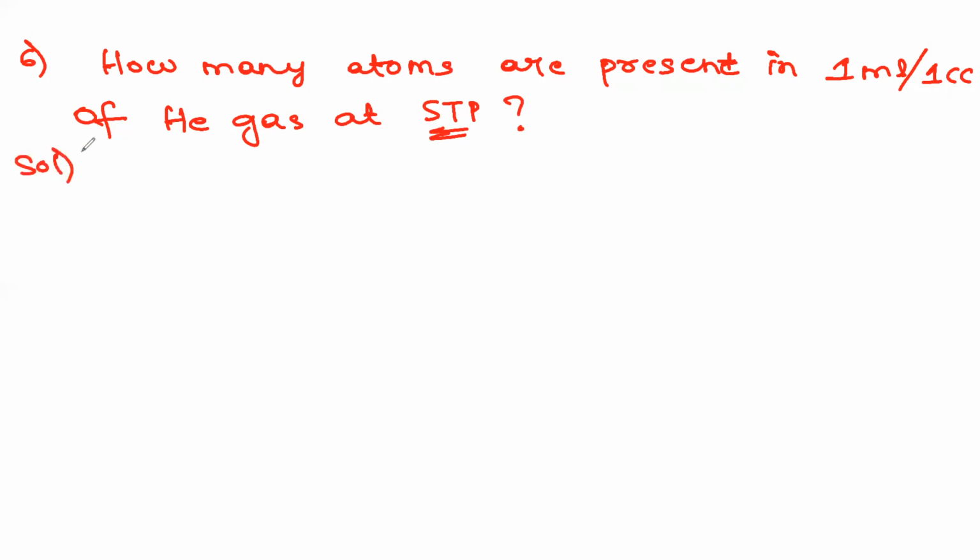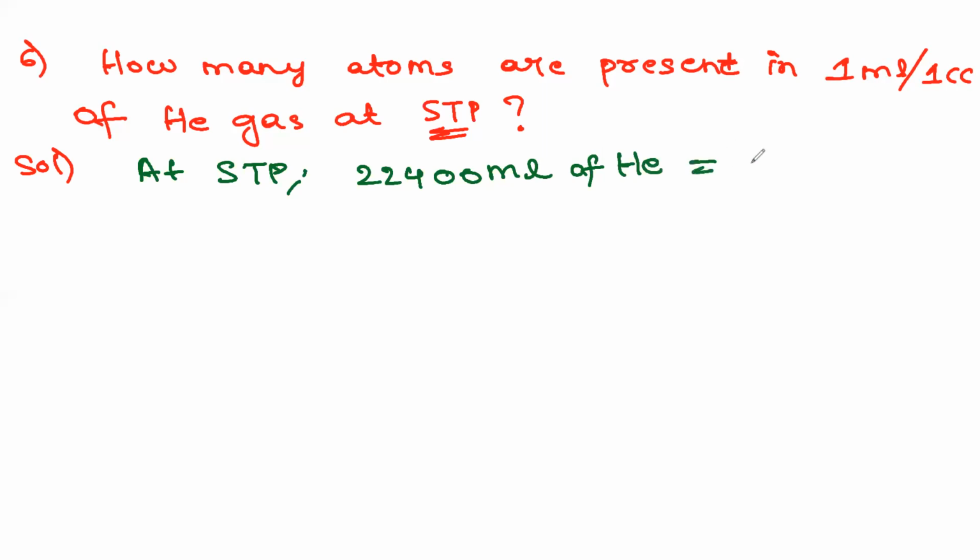First we'll write the general configuration, that is, at STP, 22,400 ml of helium contains Avogadro number of atoms, that is 6.023 into 10 to the power of 23.